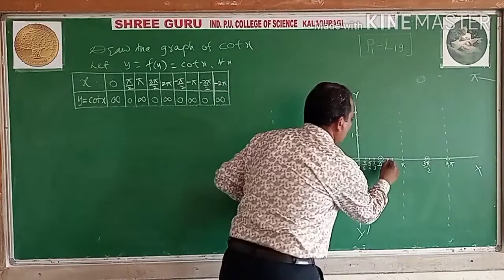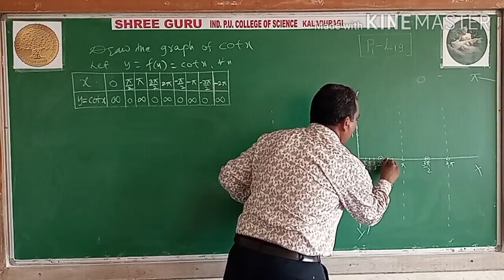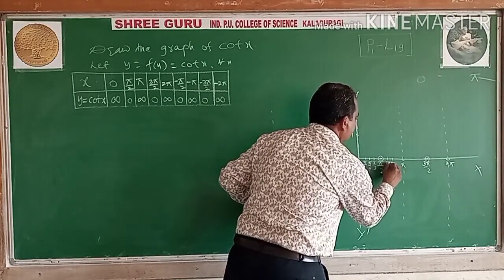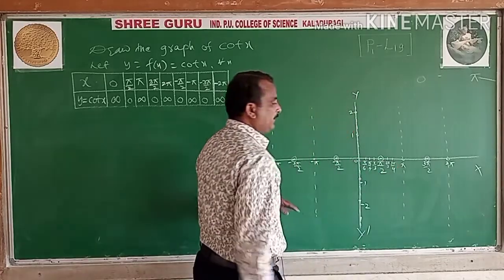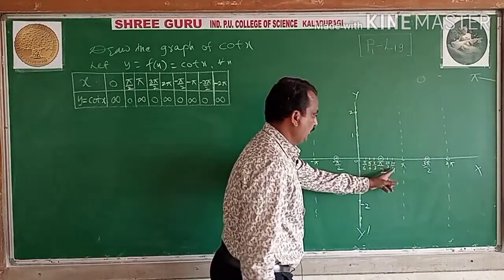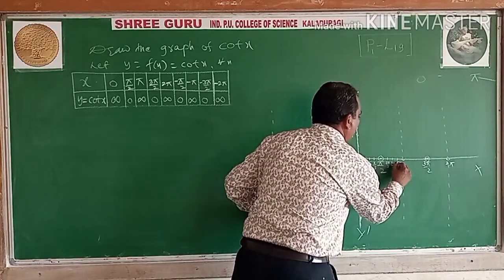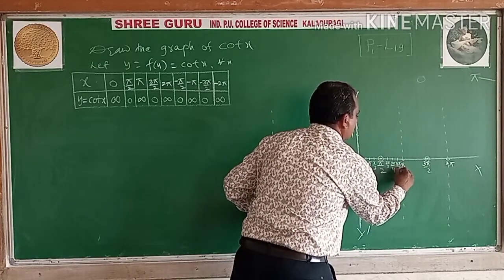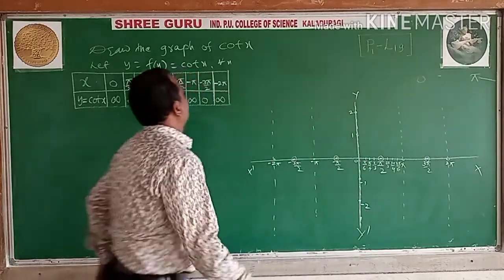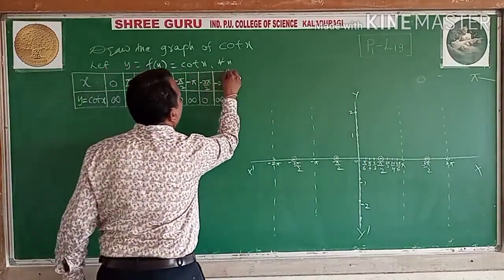After 90, 2 pi by 3 is 120 degree, then 135, then 150 degree, 5 pi by 6. Let us take these 6 values here.